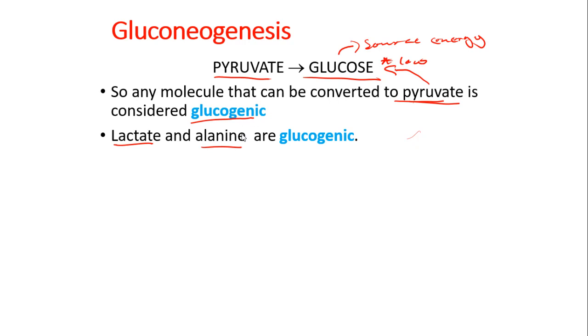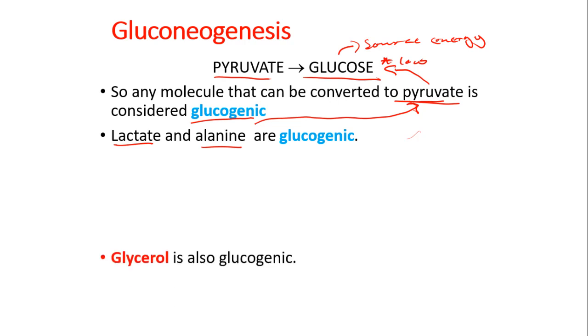That simply means that lactate and alanine can easily be converted to pyruvate. So take note of this. Your examiner would love you to know which molecules are glucogenic.